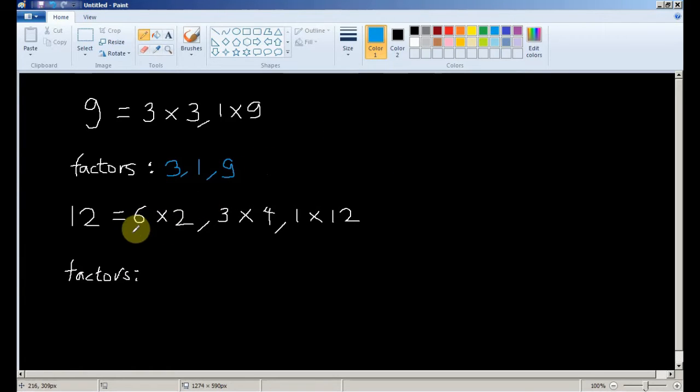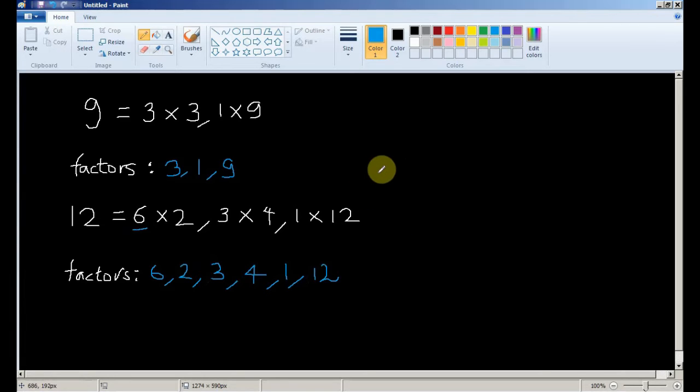The first number I think of is 6. 6 is a factor, and then the other one is 2, and then 3, 4 is a factor, and then 1 is a factor, and then 12 is a factor. So these are the factors.